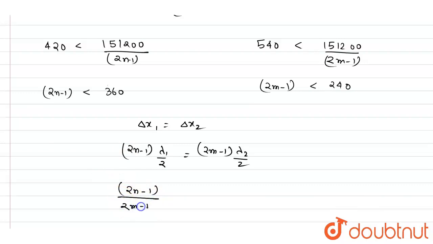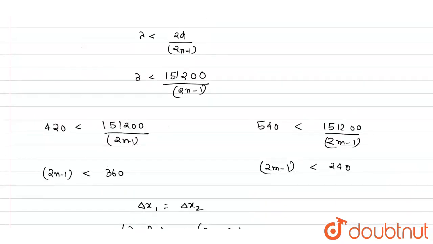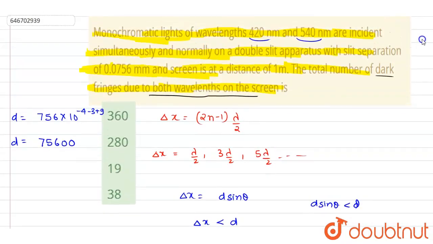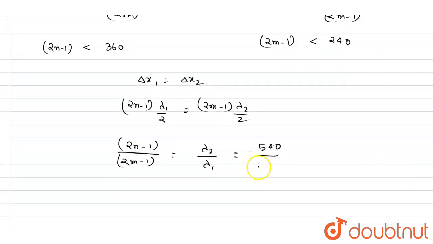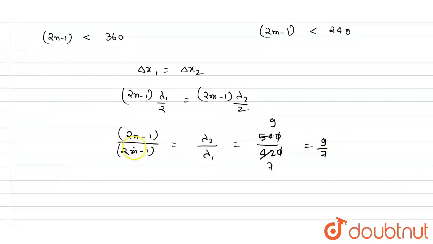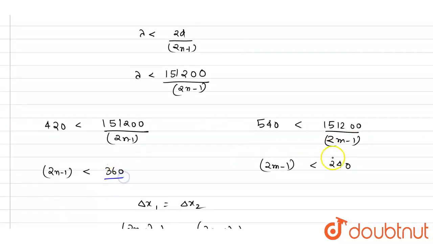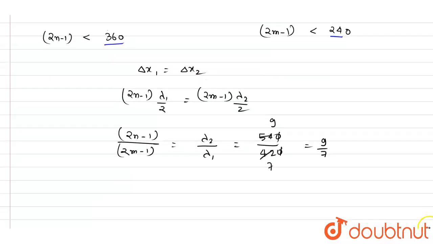It will be equal to lambda 2 by lambda 1, so you can put lambda 2 as 540 and lambda 1 as 420, which is 9 by 7. So 2n minus 1 should be in this ratio, and as we already got the limit, 2n minus 1 could be odd only.